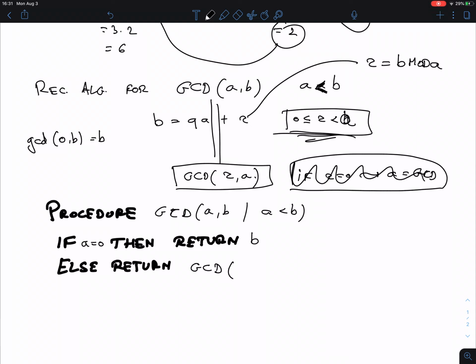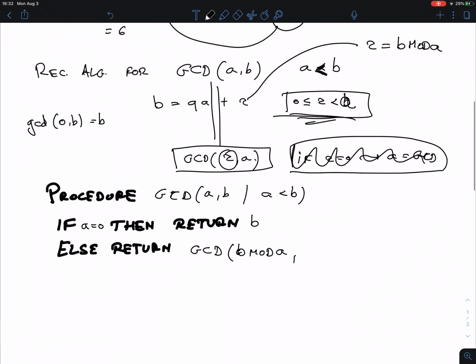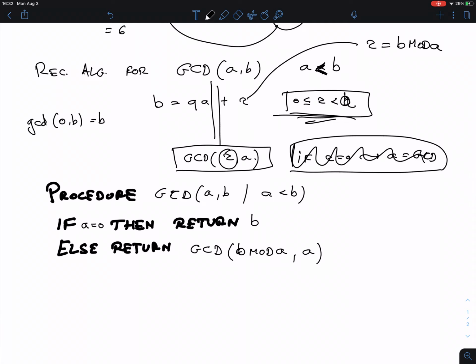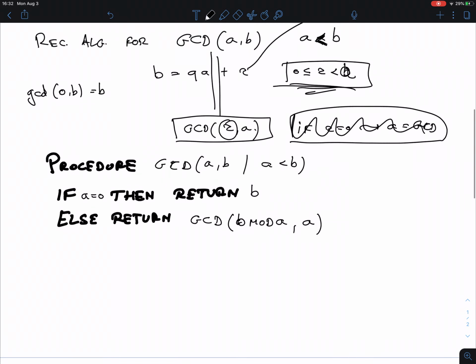This is a function with two arguments, B and A, and it gives you the remainder of B mod A. This is something from modular arithmetic, okay? So what we calculate, this is the R here, so this is B mod A, okay? And the new element is A. And that's it. So at the end, it will give you the GCD.